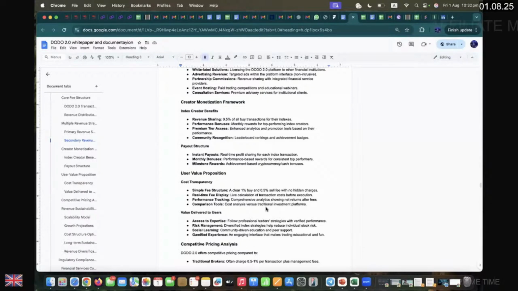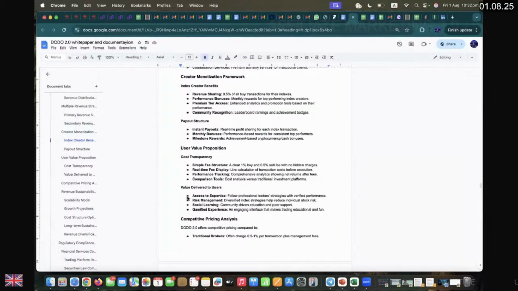in other ventures, if we come to crypto as well as stock market both. Then value delivered to the users. Access to expertise: you will have the option to follow professional traders' strategies with verified performance. Risk management: diversified index strategies help reduce individual stock risk.